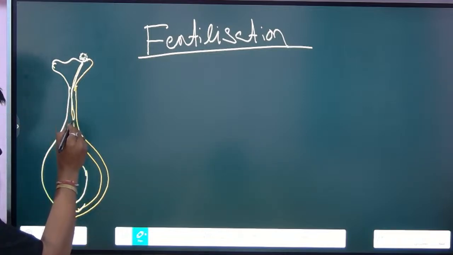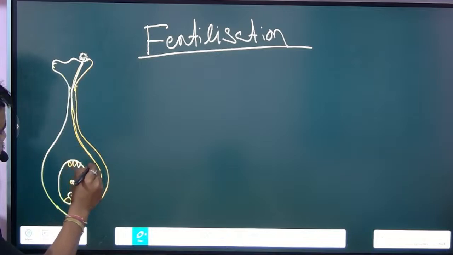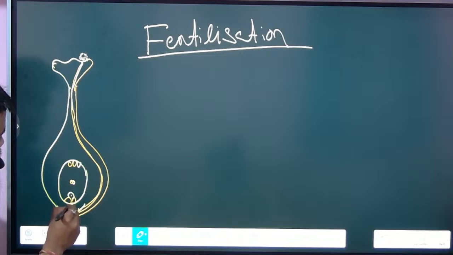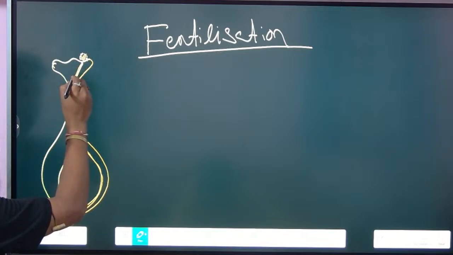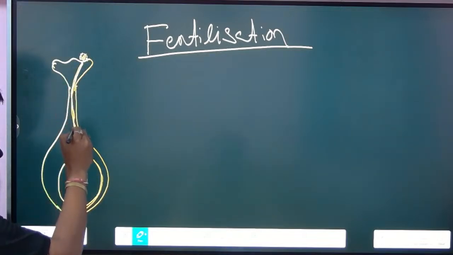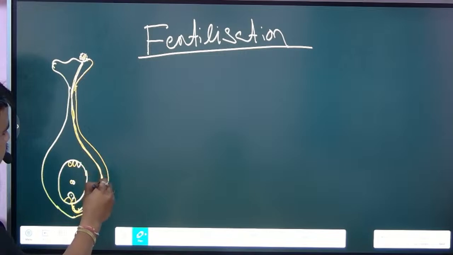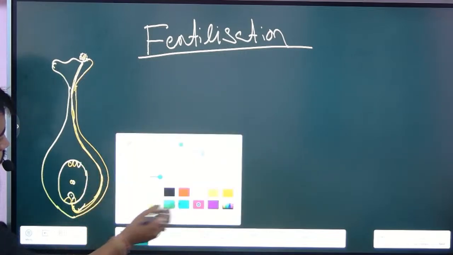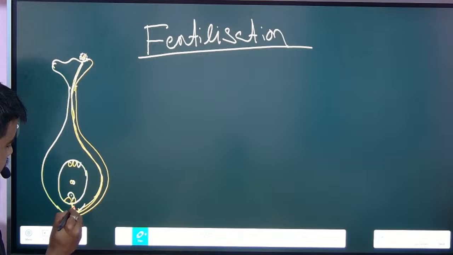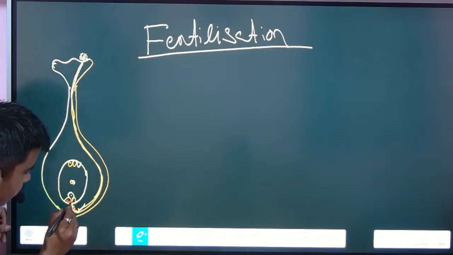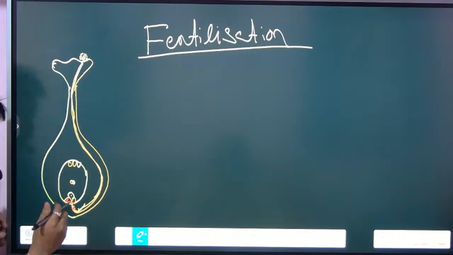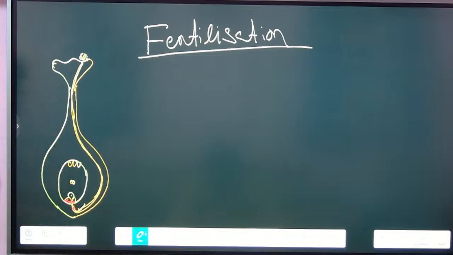From this pollen grain, the gametes will come in this way. And there is another portion called the filiform apparatus, which is very important.